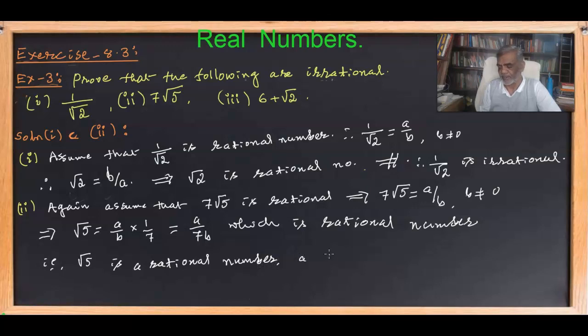Again, a contradiction to the fact that root 5 is an irrational number. Therefore, 7 root 5 is irrational.